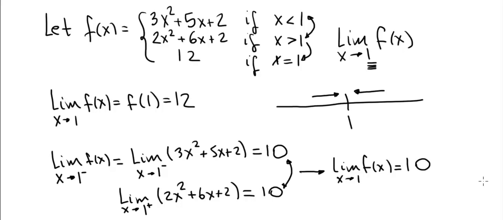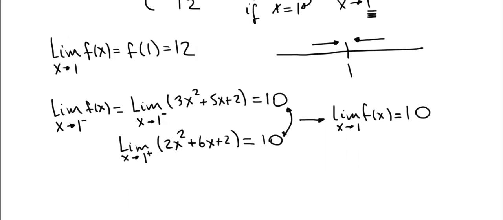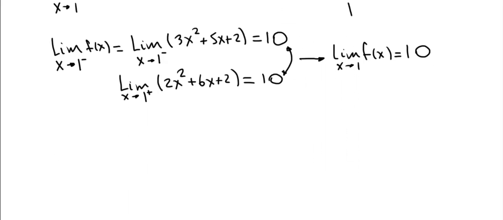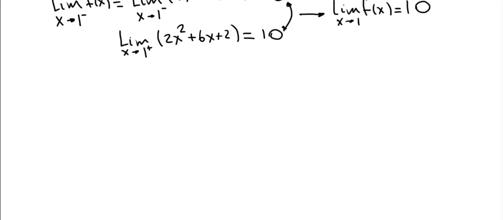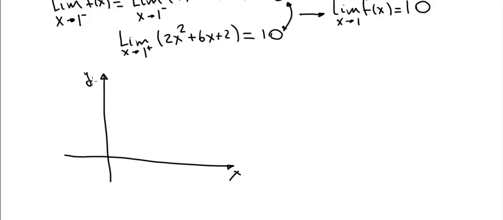So let me draw a picture of what is happening here so you can see graphically. I'm not going to graph this function precisely, just sort of figure out what's happening right around 1. So here is what this possibly looks like. Here is 1, and right here is 10, and right over here is 12. So right before, when we approach x from the left side, the function is heading toward 10.